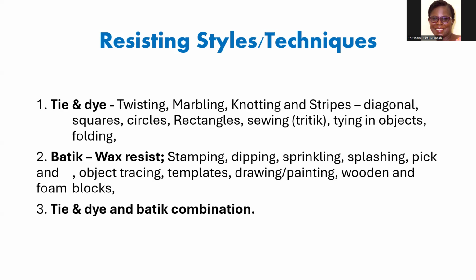Drawing comes in where you want a very special design, where you cannot stamp. You use drawing, painting, wooden and foam blocks. So you can have the combination of the two on the same fabric. You can use one yard and have both tie and dye and batik at the same time.